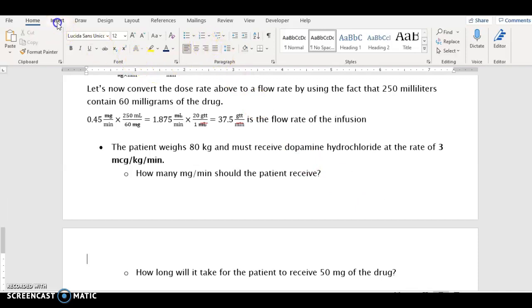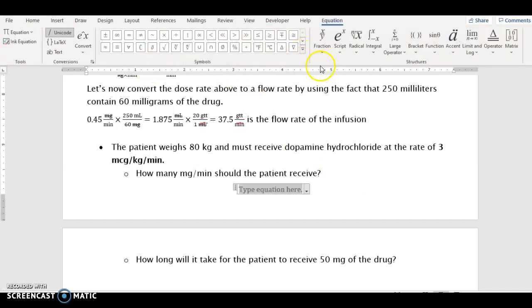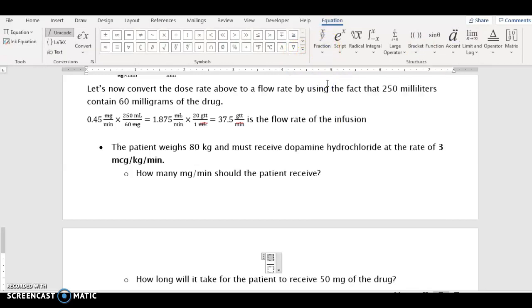So let's go ahead and write that out. So 3 micrograms per kilogram per minute. The units of micrograms go in the numerator, and then the kilograms and minutes go in the denominator. You can separate them with the multiplication symbol.